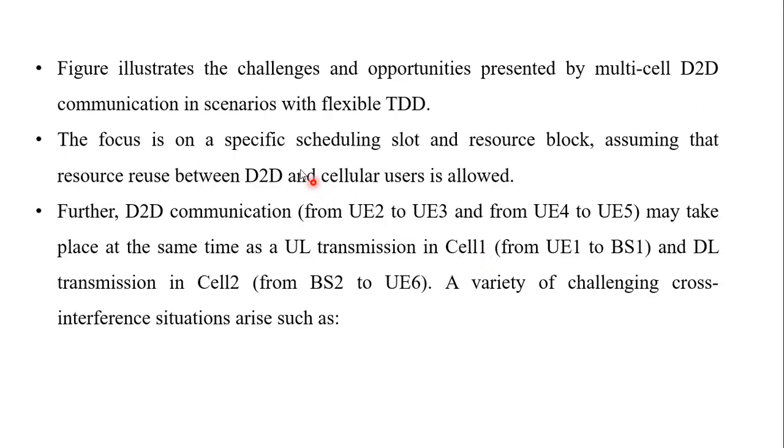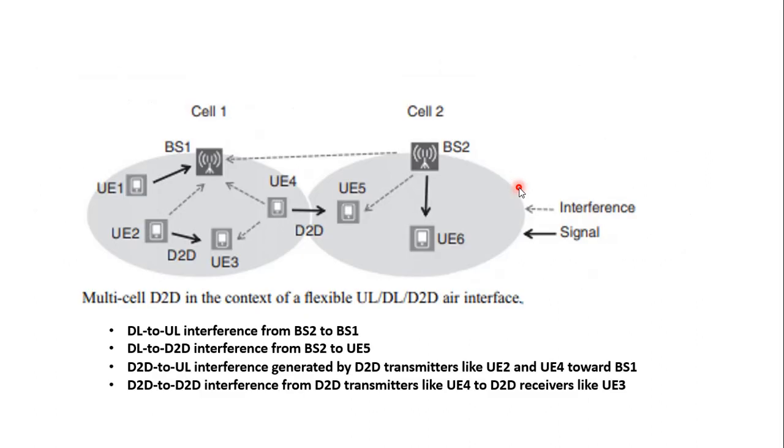Next, there is a figure here which illustrates the challenge and opportunities presented by multi-cell D2D communication in scenarios with flexible time division duplexing. The focus is on a specific scheduling slot and resource block, assuming that resource reuse between D2D and cellular use is allowed. Now this is an example. You can see that the dotted lines are the interference lines and the thicker lines are the signals.